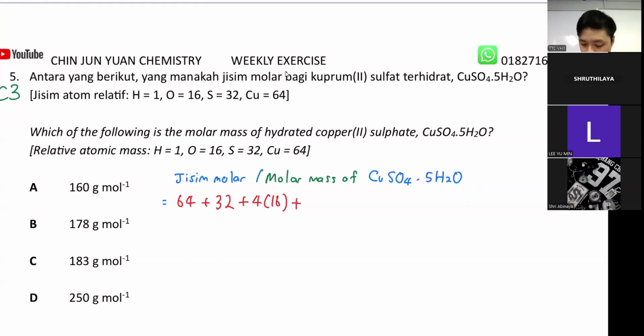So it means plus 5 times the whole water. Not only for the H, the 5 is for the whole water. So that's why 1H is 1, 2H means 2 times 1, 1O means 16.